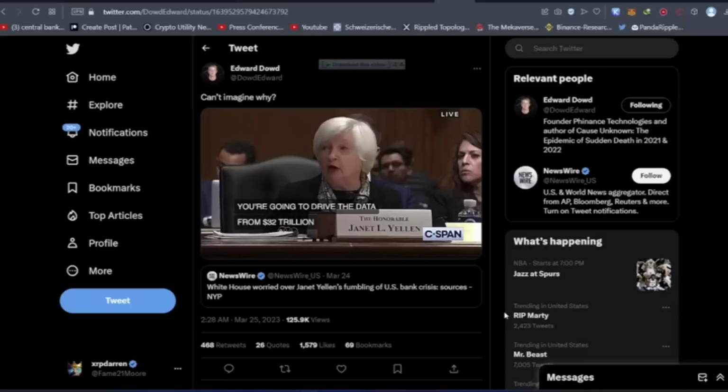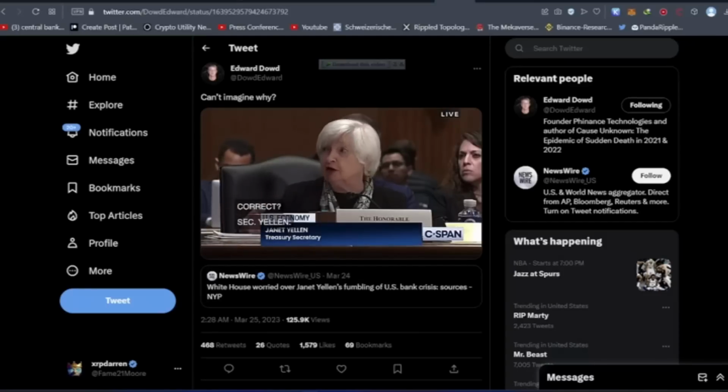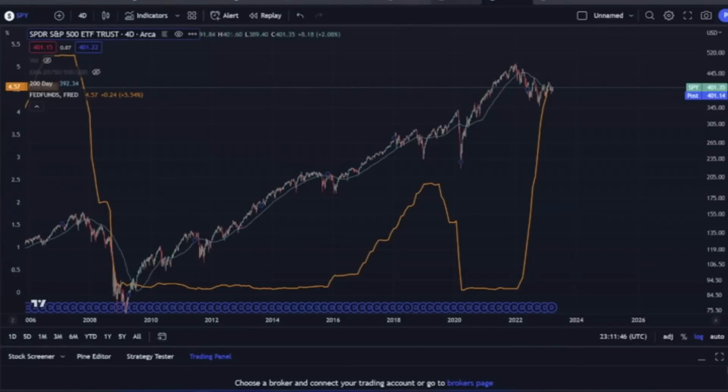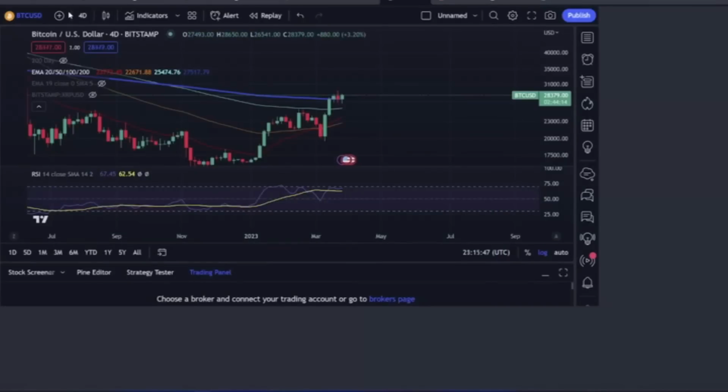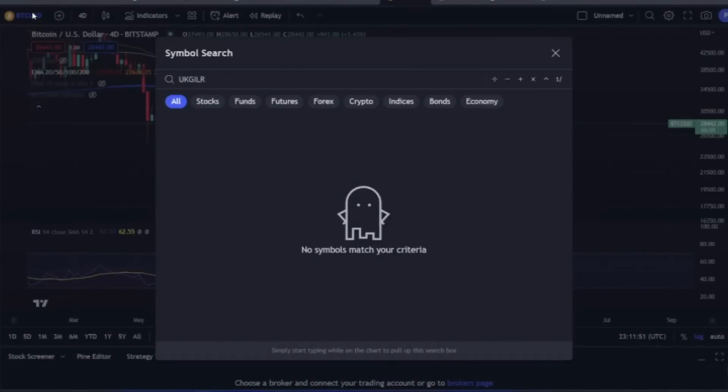Yes. But what I believe is the single most important metric for judging the fiscal stance of the country is real net interest. So I brought this up before in another video, but it highlights how important this is. And this is what happened to the UK. So the UK's gilt market, which is their version of treasuries, completely just tanked.